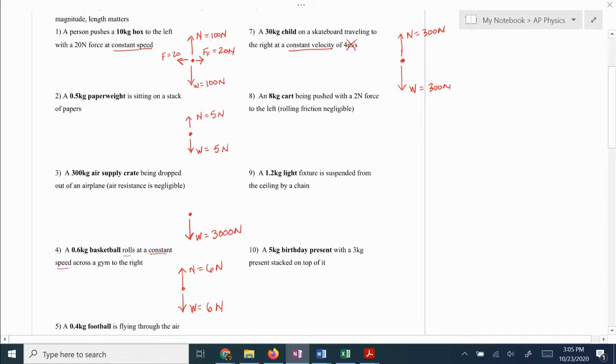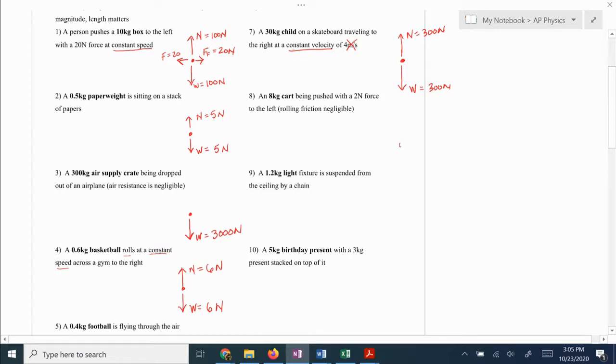It doesn't say the kid is pushing themselves, so it just insinuates that they're gliding along. Since there's not a push force, there's also not a force of friction. Because again, it says constant velocity, so we have to have balanced forces horizontally. So if there's no force pushing to the right, then there's also no friction to the left.